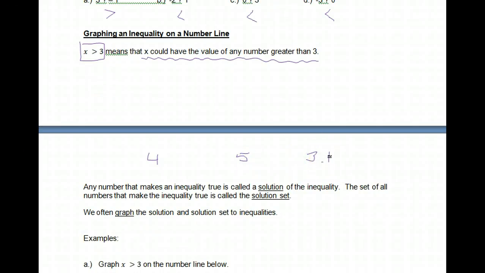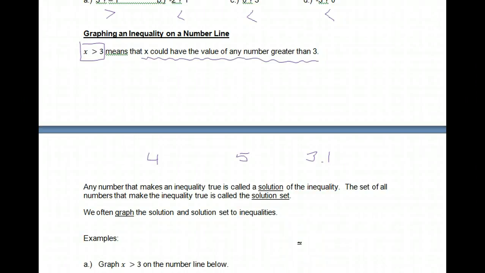Any number that would make that inequality true is a solution. If we look at the set of all numbers that would make that true, we then call it the solution set. So the solution set would be any number that's larger than 3 all the way to positive infinity.